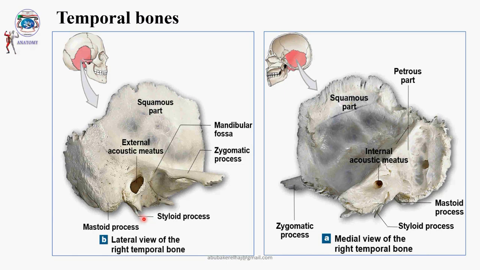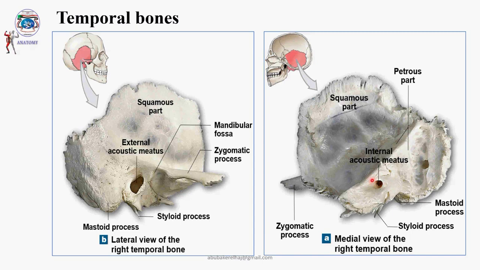The styloid process extends downwards parallel to the lateral aspect of the pharynx, and gives attachment to the muscles which connect the styloid process with the hyoid bone, commonly, okay. And then here this is the fossa called the mandibular fossa, which articulates with the mandible to form the temporomandibular joint, and this is the squamous part, or the flat part, of the temporal bone.